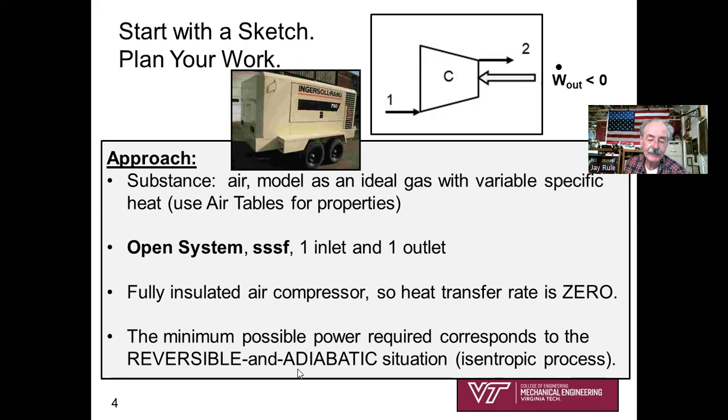Doesn't it make sense that if there were some type of irreversibilities within that compressor, like some lost compression of the air or some friction within bearings within the housing, that would require more power than the reversible and adiabatic situation. So we're going to study the reversible adiabatic situation, and that would correspond to the minimum possible power needed to drive our compressor.